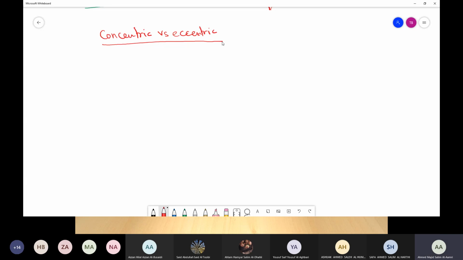Any person? It's fine to try. Okay. Now when I say concentric, we have this representing the axis. One is at the center, the other is not.